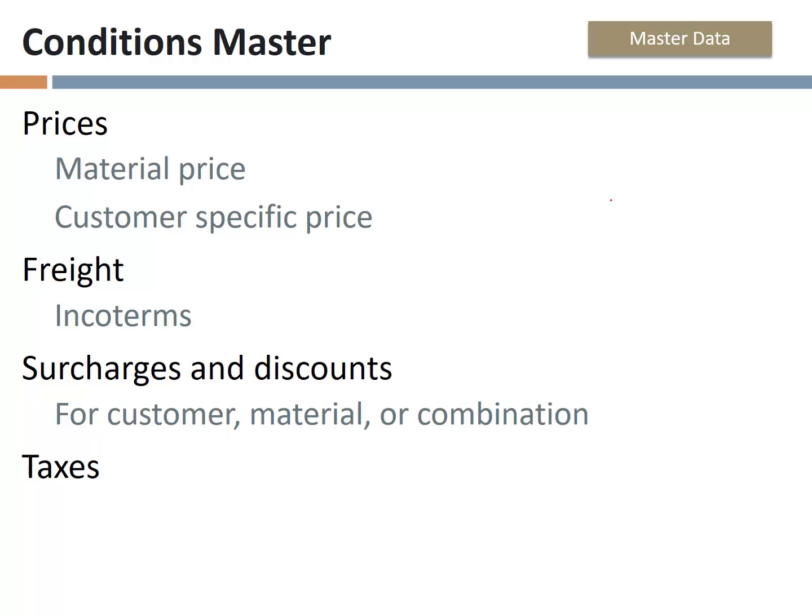So, we could have customer-specific pricing. We would need to define things related to how we charge for freight. We would have Incoterms here that specify when they need to pay us, what kind of discounts they get. We can specify surcharges and other things of that sort.